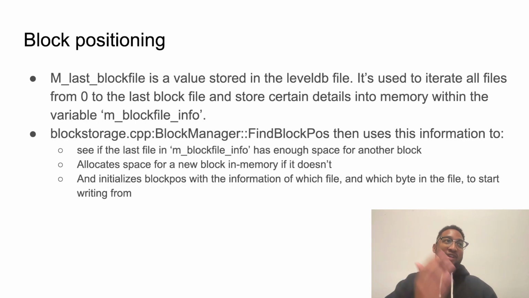So LevelDB is used within Bitcoin to store certain pieces of information, like this mlast block file, which is supposed to be the last block file that you have written to. It's used to iterate all files from 0 to the last block file and store certain details in memory within the variable mblock file info. So this is almost like a different kind of index. Sometimes you want a cursory glance at all the information stored in your files.